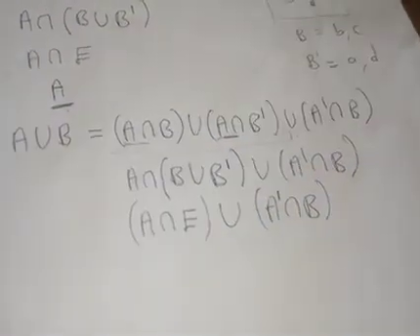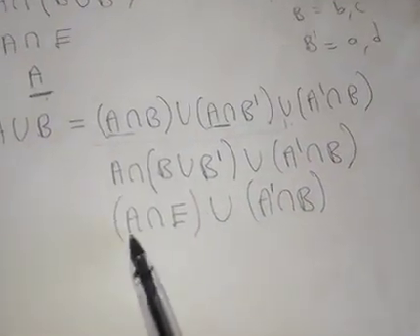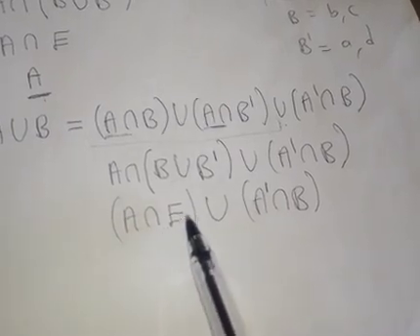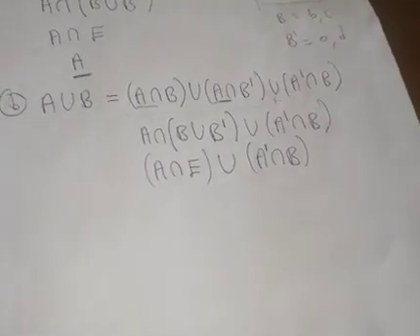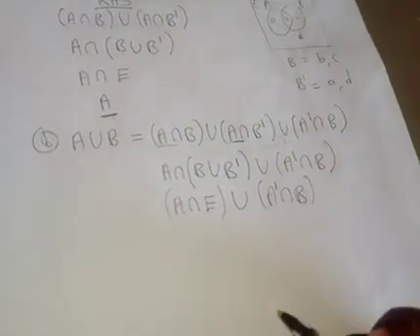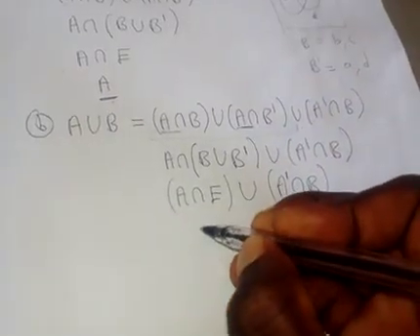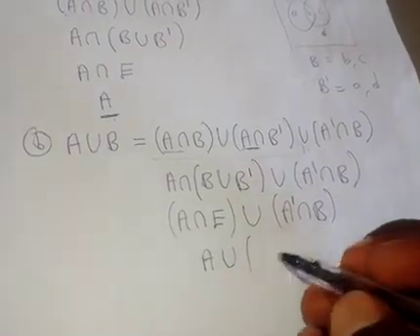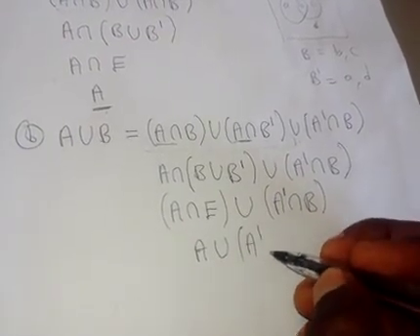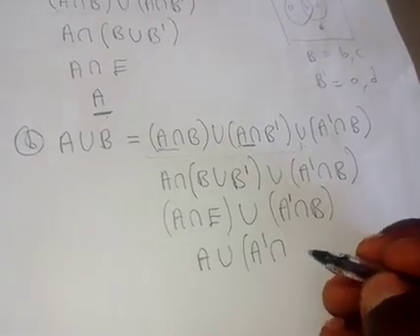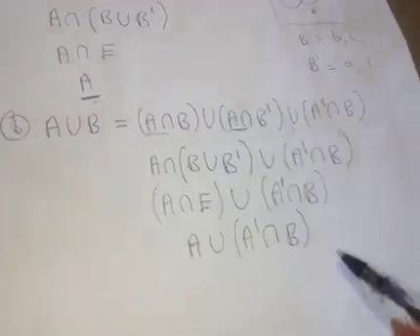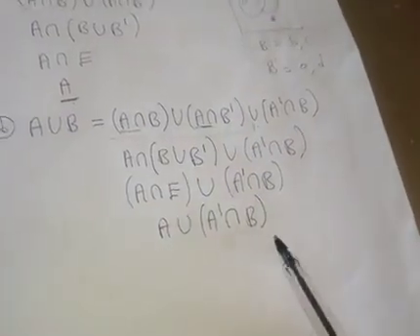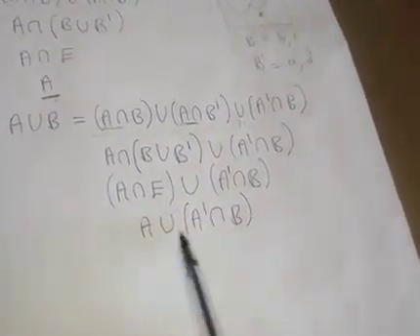Then what is A intersect of the universal set? Any set intersection of the universal set gives that set itself. So it's A union A complement intersect B. At this point we can use the distributive laws.